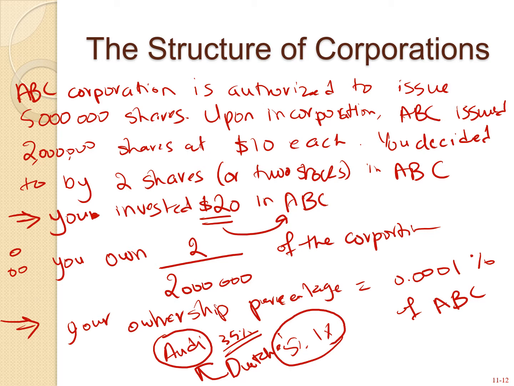So this is how things work. Deutsche Bank is called an institutional investor, and you, in this example, are called an individual investor. Institutional investor, because Deutsche Bank is an institution, and you are an individual. Again, some of what I'm saying is just general knowledge. You will not be examined on it.